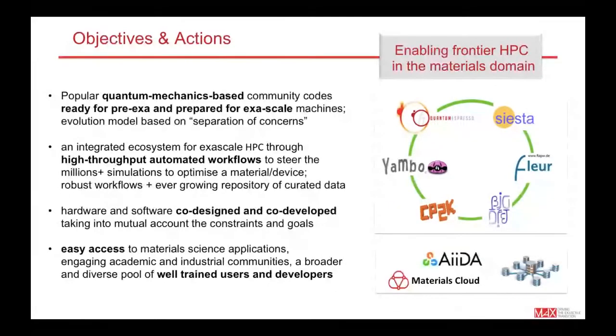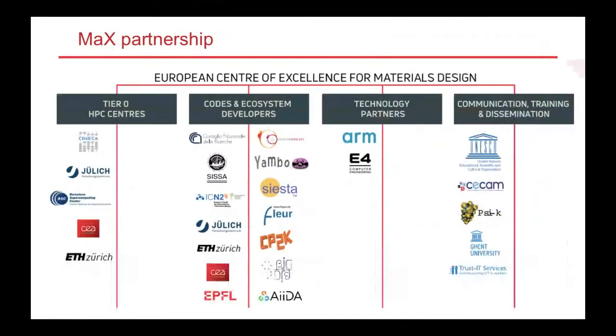Okay, here is a list of the codes we work on. We call them the MAX flagship codes. There are Quantum Espresso, Siesta, Fleur, BigDFT, CP2K, YAMBO, and AiiDA, the ecosystem or code automation tool. Here is a list of the partners.